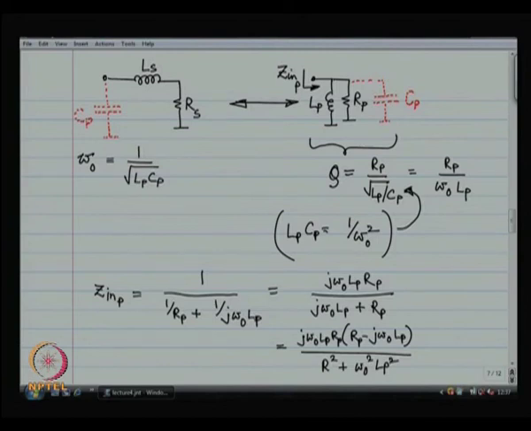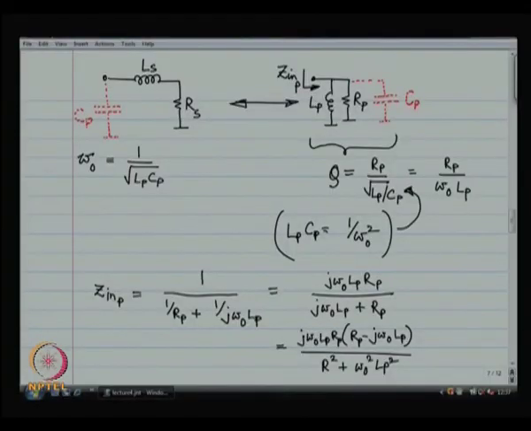So, given that we are interested only at a specific frequency, can we transform a series LR network to a parallel LR network? We can, and the way it works is that the parallel LR network should have 1 plus q squared times the resistance of the series LR network.